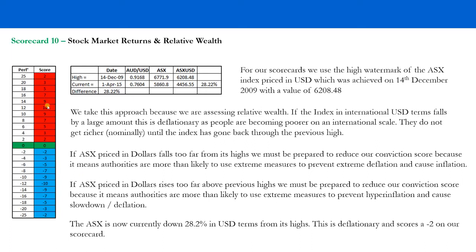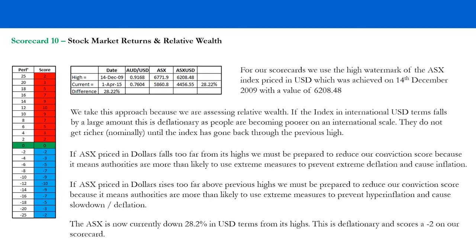So long bias on the inflationary side for Aussie dollar, US dollar, buy Aussie dollar, sell US dollar. On the deflationary side, we have a short currency bias, so sell Aussie dollar, buy US dollar.